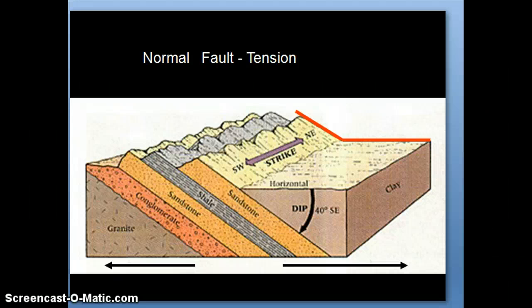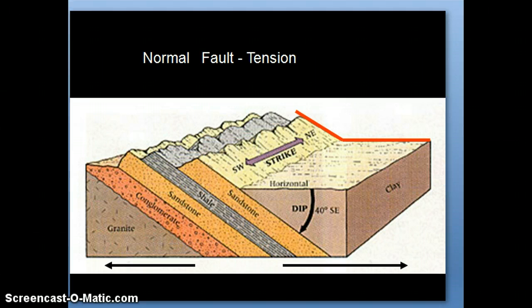So the plates are moving apart, and one area may slide down. So this is called the fault scarp, and as the plates are moving apart, this surface has dropped down or moved in position relative to the other.